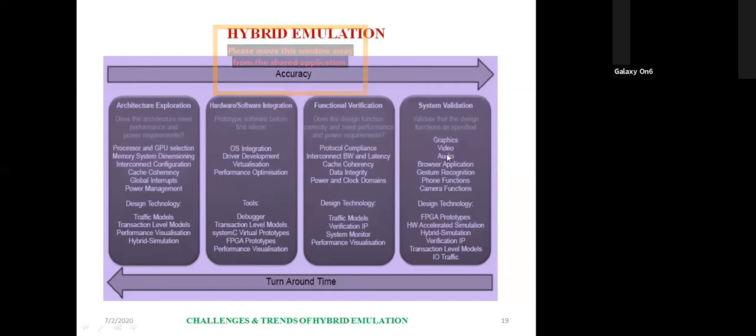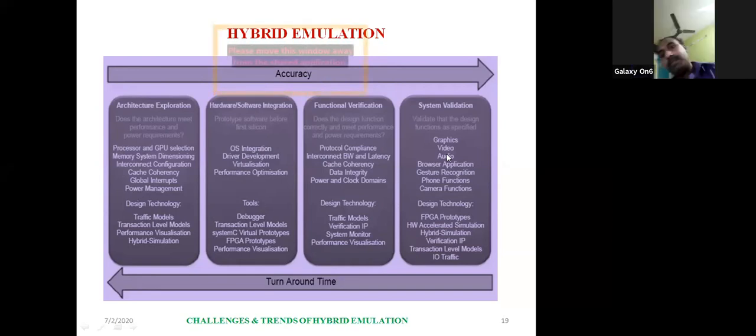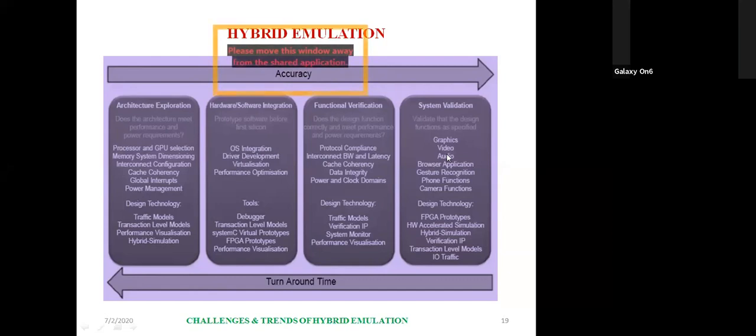And here, when you come to functional verification, the prototype shows the design meets the performance and power requirements. Here, the prototype protocol compliance, the USB compliance or any compliance, interconnect bus width and latency, cache coherency signal, data integrity, the power and clock domain.